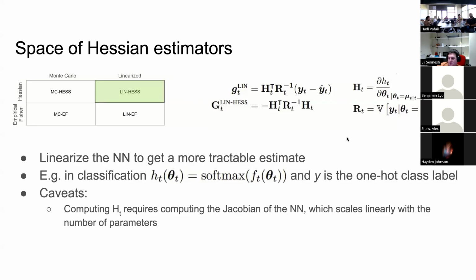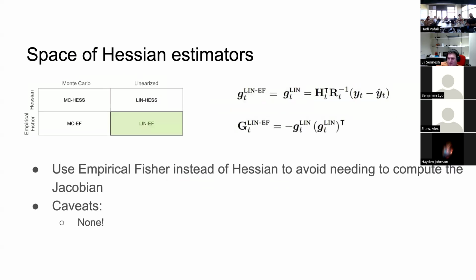But the takeaway is that by doing this linearization, we can use the exact estimate of the Hessian without needing to do the Monte Carlo samples, which is really nice. However, computing this quantity does still require taking the Jacobian of the deep neural network, which has some computational caveats.